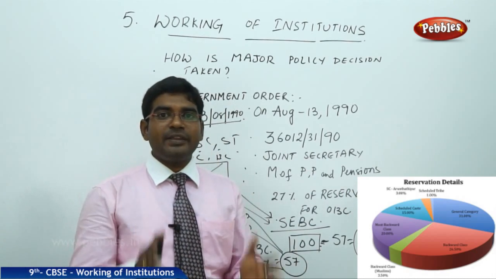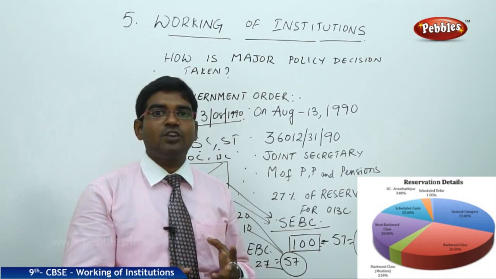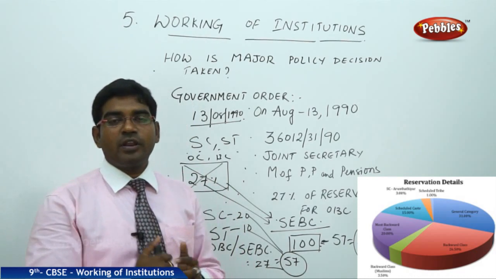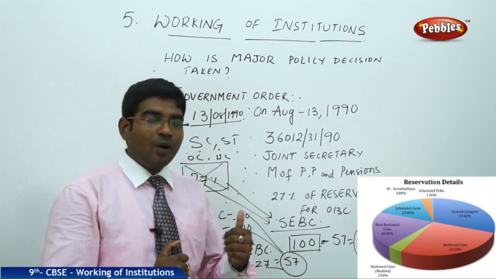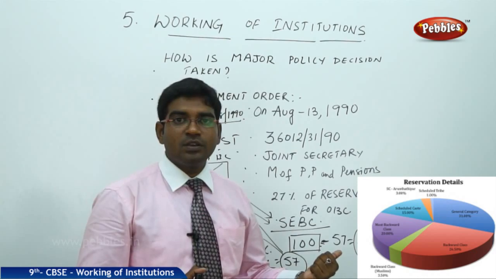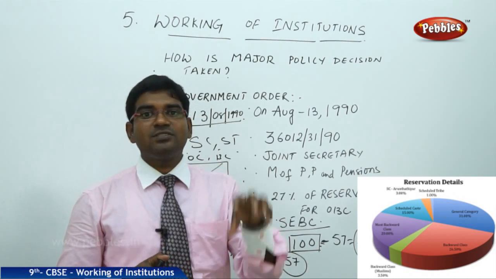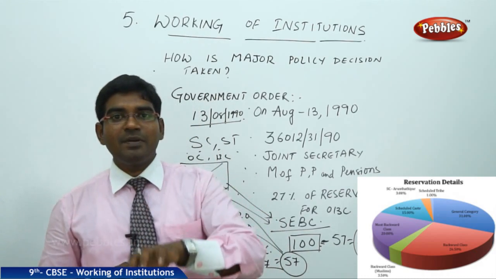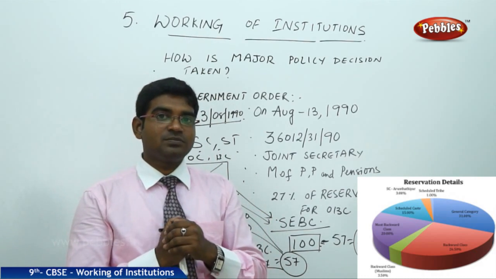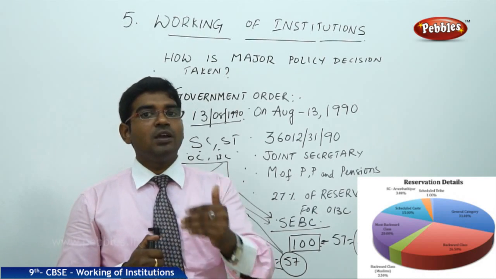So in this all open category, he has to fight a very large battle even to secure the entrance seat or even to grab this opportunity. While when it comes to here, it becomes a cakewalk for them. So there is a lot of difference between a person who is getting in on the basis of merit and on the basis of reservation. So let us see who has taken this decision of issuing the memorandum.